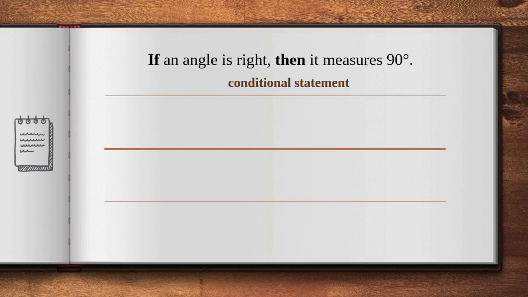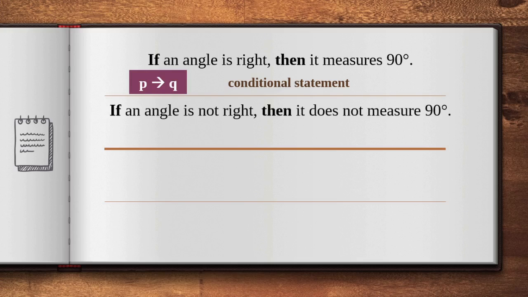So if an angle is right, the opposite is it is not right. If the conditional statement is P implies Q, this time we will write it this way: if an angle is not right, then it does not measure 90 degrees. This is called the inverse statement, the inverse of the conditional statement. In symbols, we write it as the negation of P implies the negation of Q.